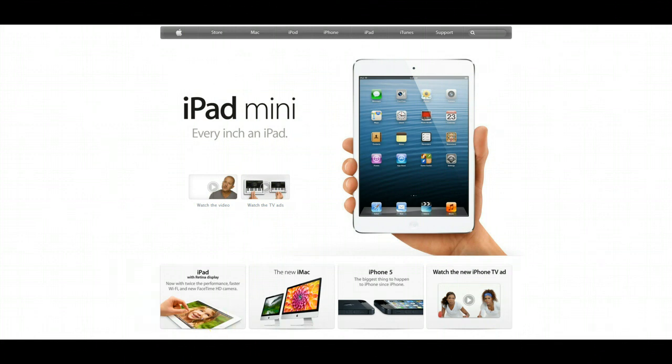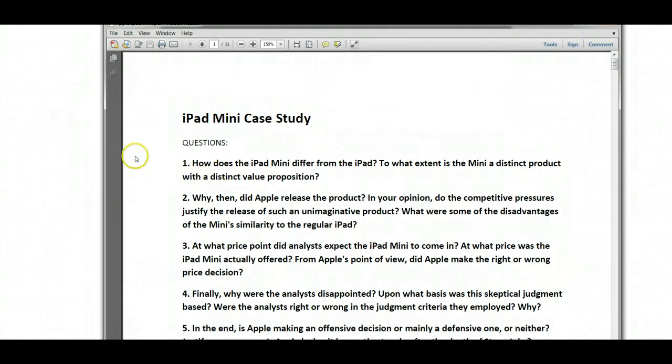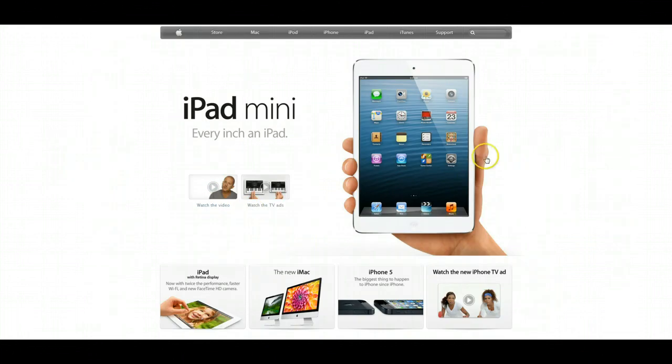So if we look at the Apple case, how does the iPad mini differ from the iPad? It's a pretty straightforward question, and a lot of people went to the website or different articles to get a distinct edition. And I think the big difference is size.